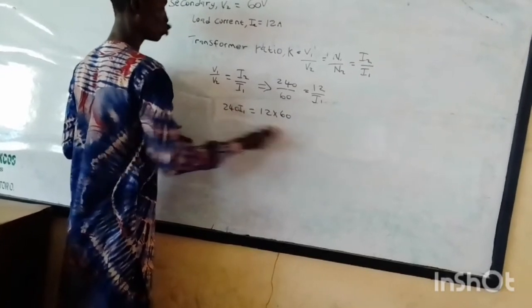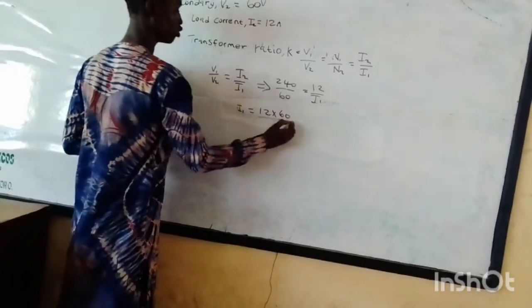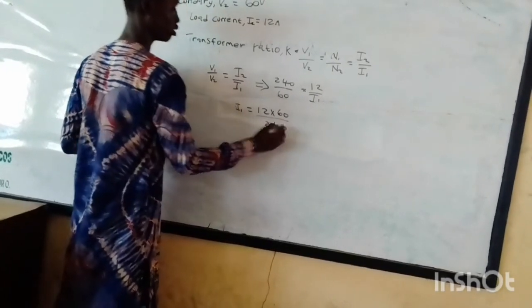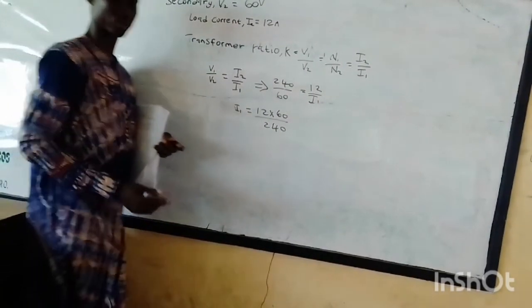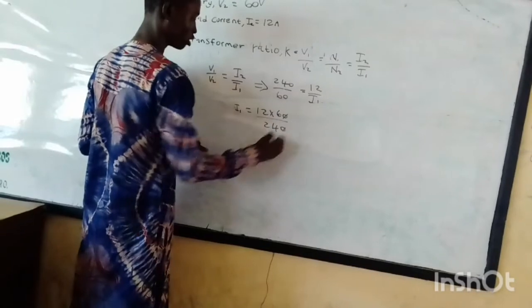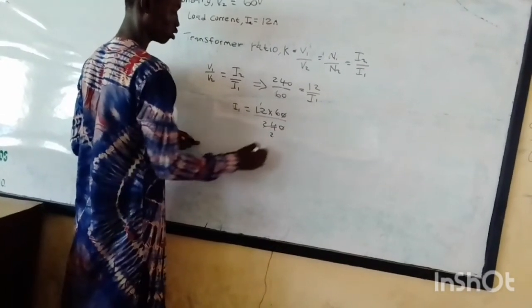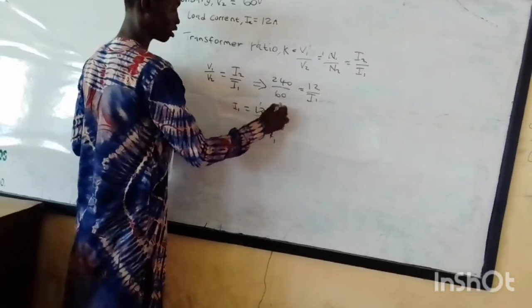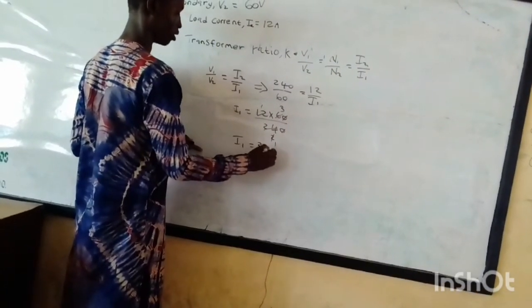If I divide both sides by 240, the 240 here will cancel. I1 will be equal to 12 times 60 over 240. The 0 here will cancel the 0 here, 12 here 1, 12 here 2, 2 here 1, 2 here 3. So I1 is equal to 3 ampere.